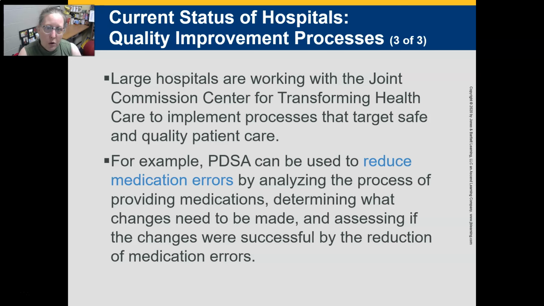Large hospitals are working with the Joint Commission Center for Transforming Healthcare to implement processes that target safe and quality patient care. For example, the PDSA can be used to reduce medication errors by analyzing the process of providing medications, determining what changes need to be made, assessing if the changes that were made were successful by looking at a reduction in medical errors.